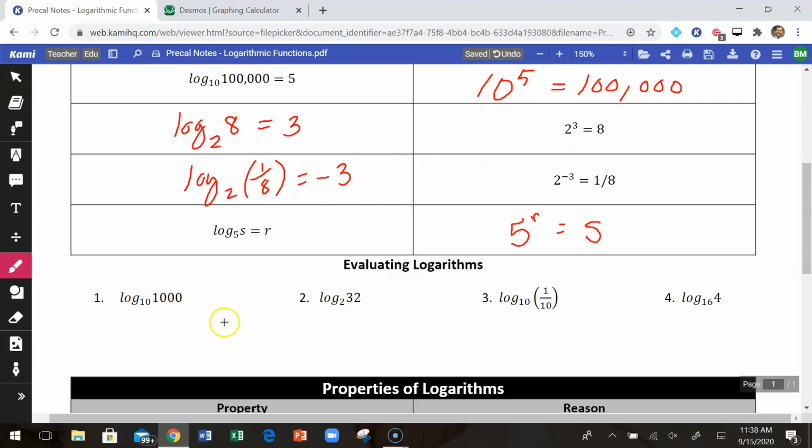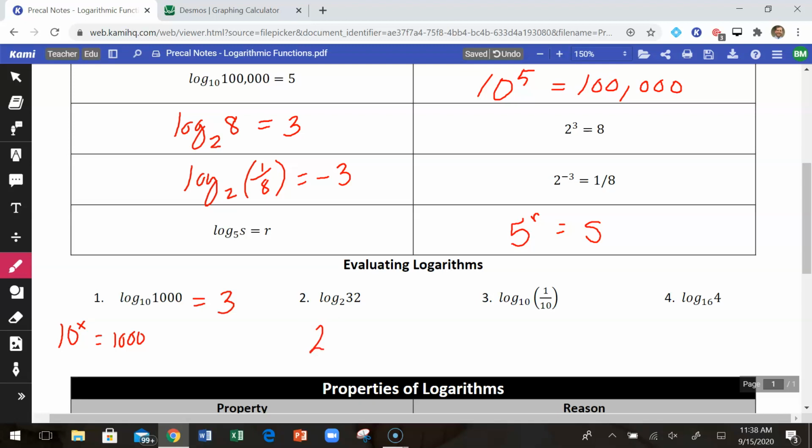So we have log base 10 of 1,000. So what I want you to think about is 10 to what power is going to give you 1,000? Okay, and the answer to that would be 3. If I take 10 to the 3rd power, that means I'm going to have 3 zeros. That's 1,000.